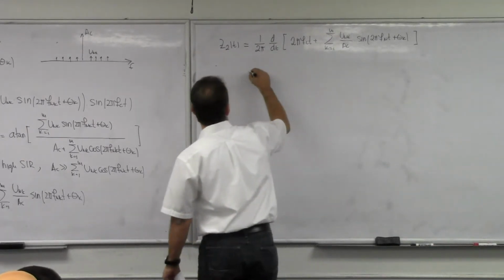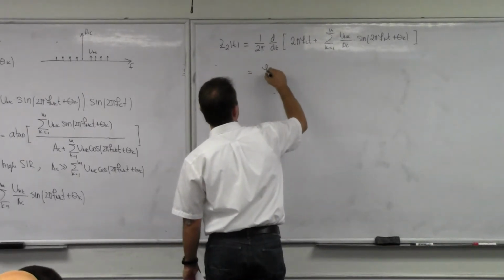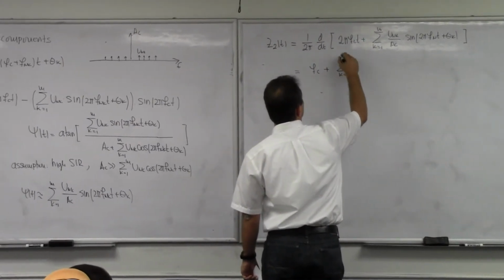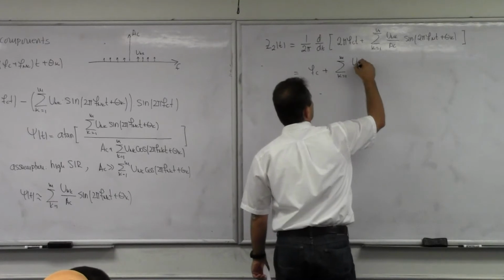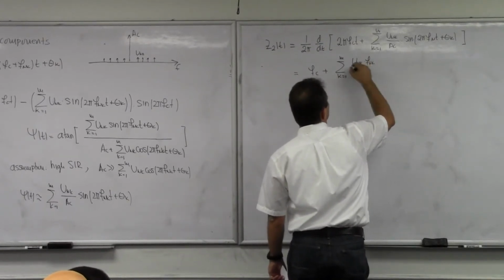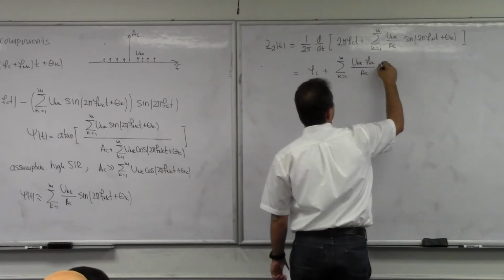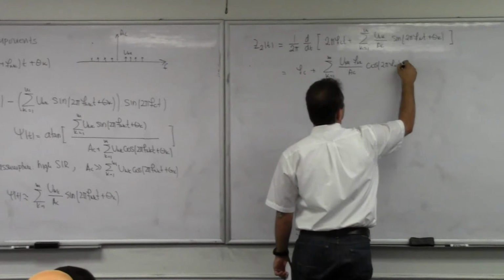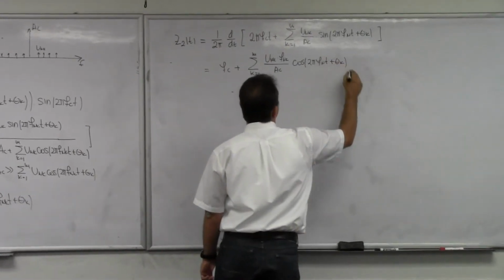Now this is easy to take the derivative, so this is fc plus sum when k goes from 1 through n A_nk times f_nk divided by A_c times cosine 2 pi f_nk t plus theta k.